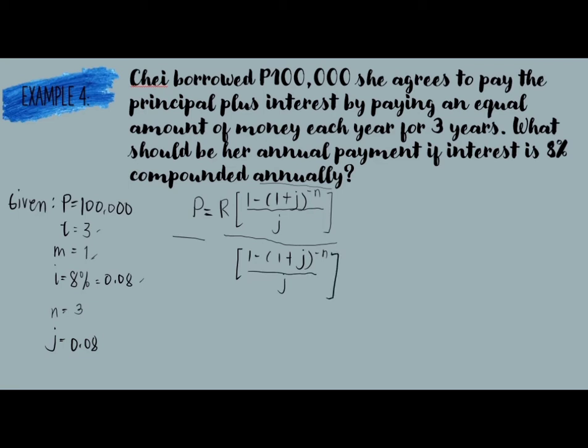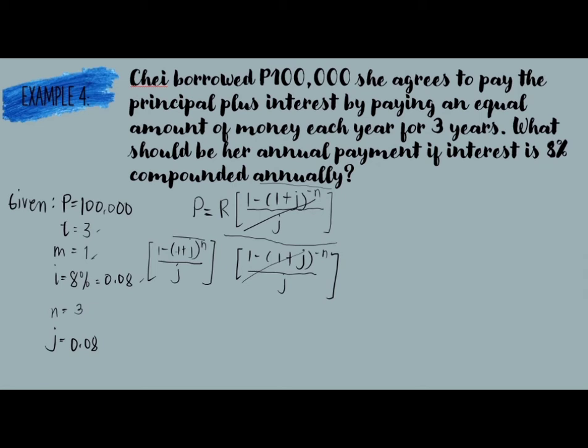So, dito rin sa kabila, dito sa P, over J. Okay, so, para ma-cancel ito, di ba, kapag nag-divide ka ng same, is equal lang siya sa 1.